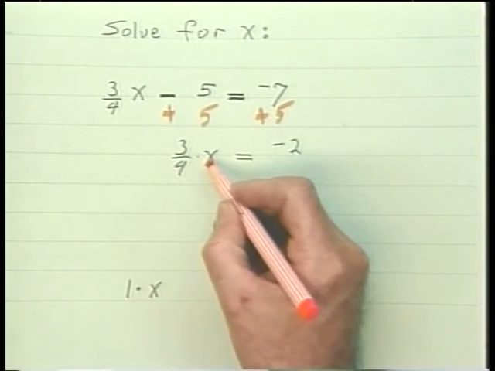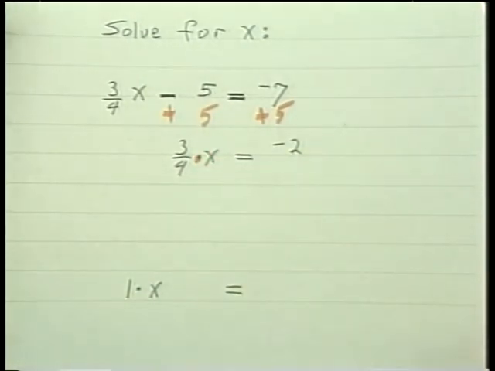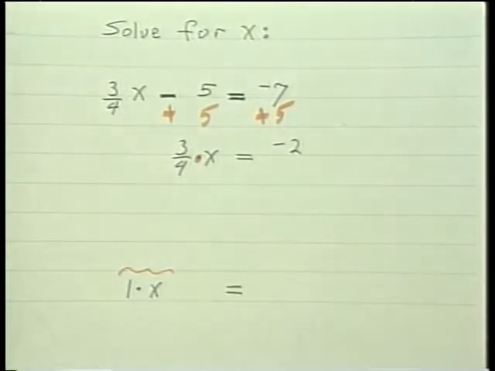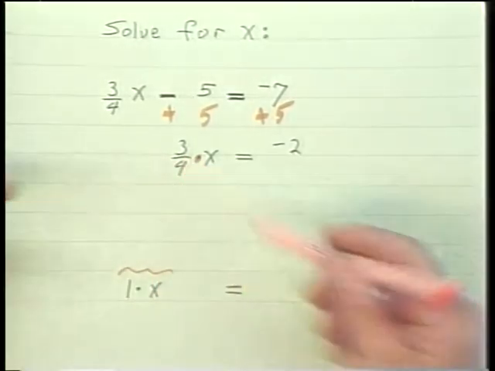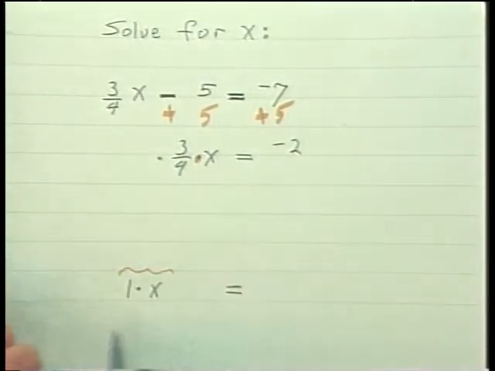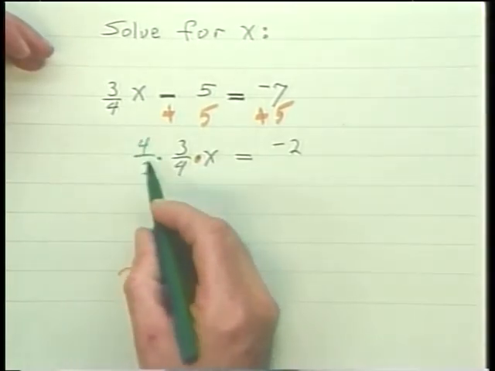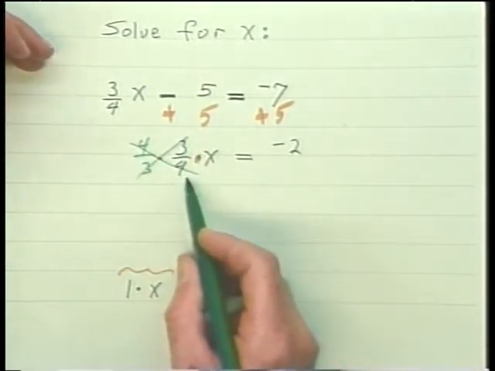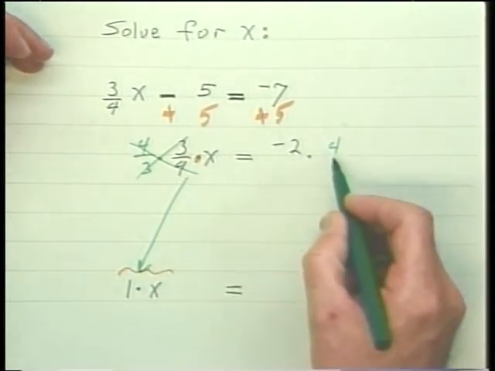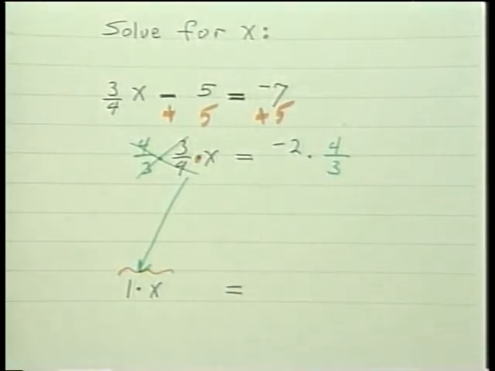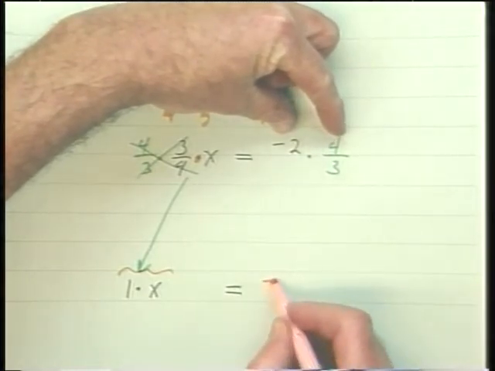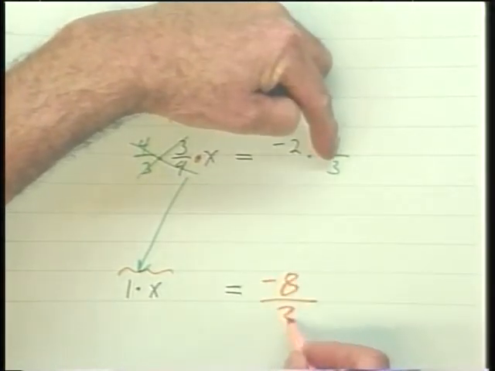Now we want to undo this multiplication, but thinking more specifically, we want it to be 1 times x rather than 3/4 times x. Recalling our reciprocal law, 4/3 times 3/4 gives me 1 times x, and the multiplication law of equality says I must multiply the other side by the same amount, and this gives me negative 8/3.